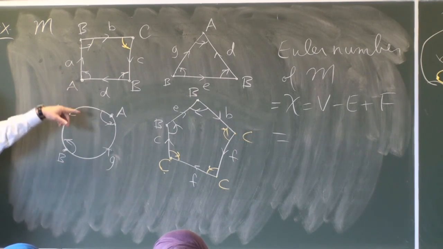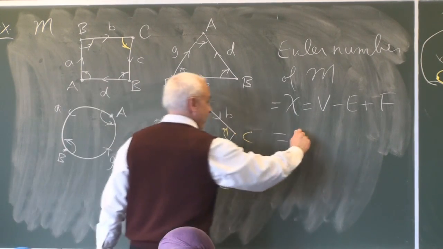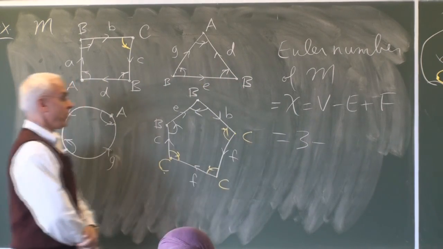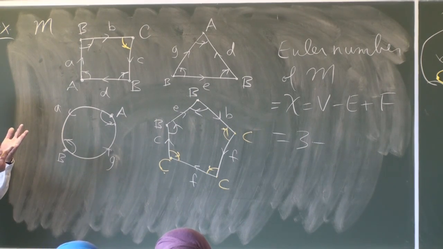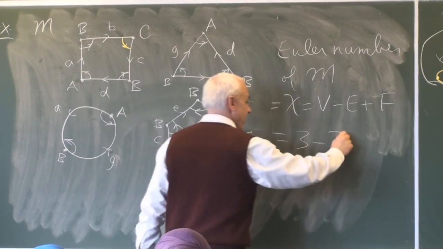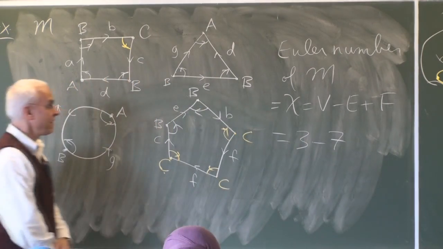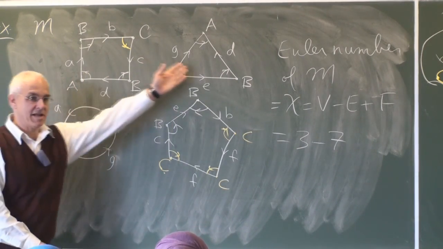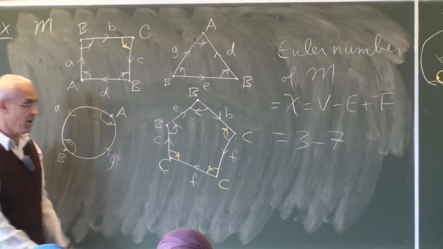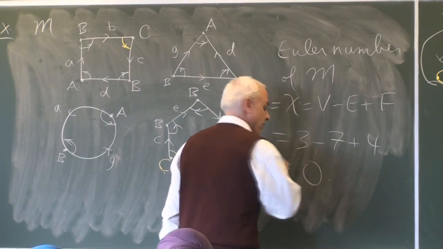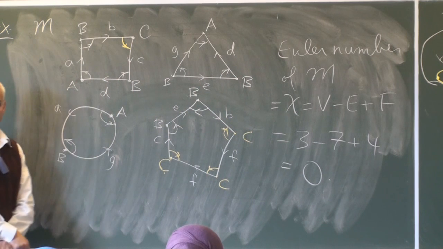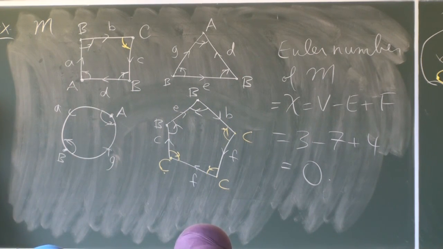They're capital A, capital B, capital C. How many edges are there? Well, there was A, B, C, D, E, F, G, 7 of them. How many faces? Well, that's just the number of polygons, 4. And so we get an Euler number of 0. This surface, whatever it is, must have Euler number 0.